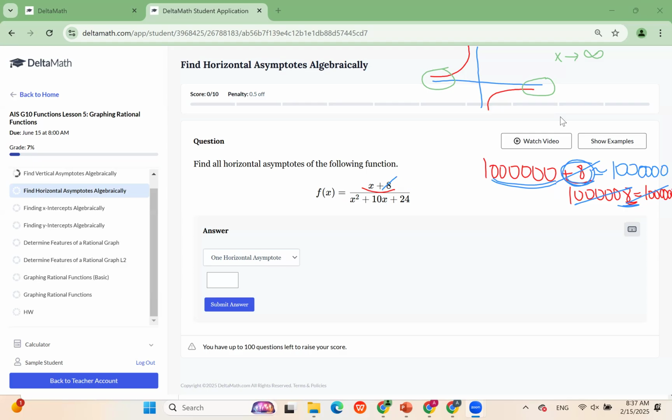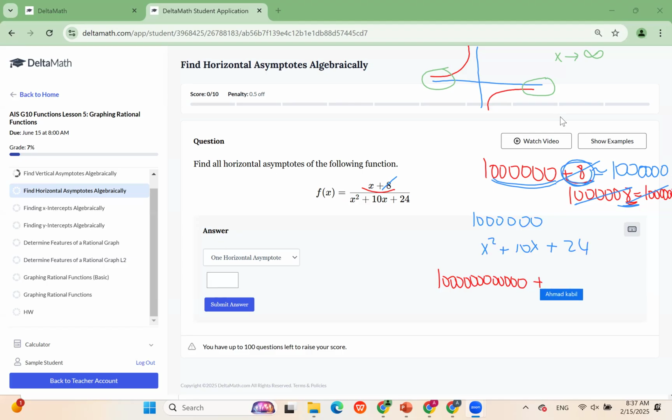Let's say we put x as a million, and we have x squared plus 10x plus 24. So for x squared, we get a million millions. So 1 million times 1 million, so we have 12 zeros.